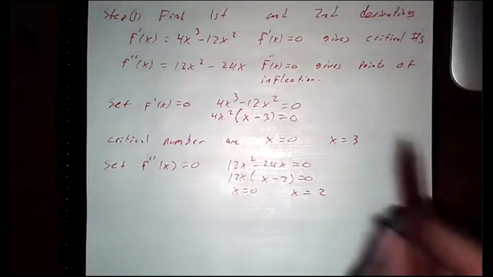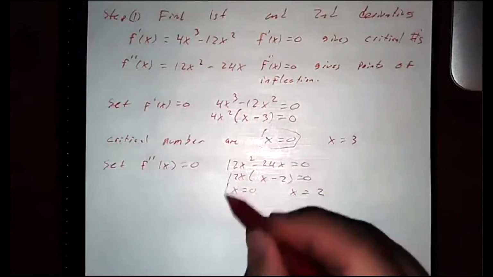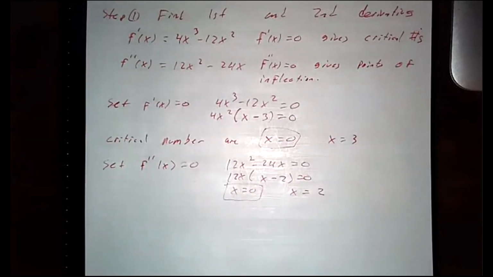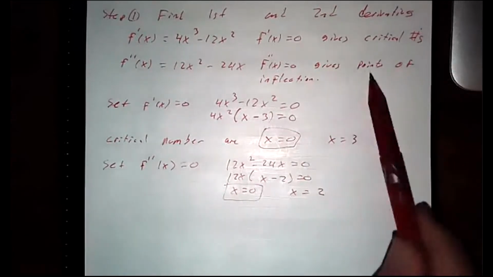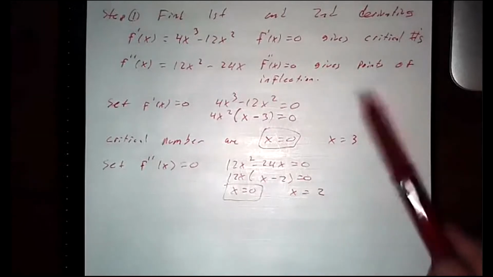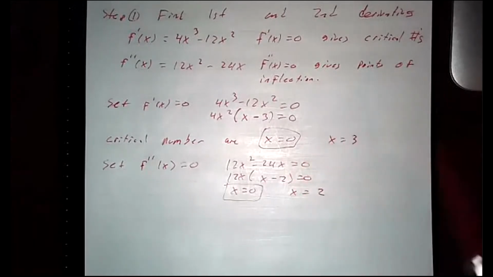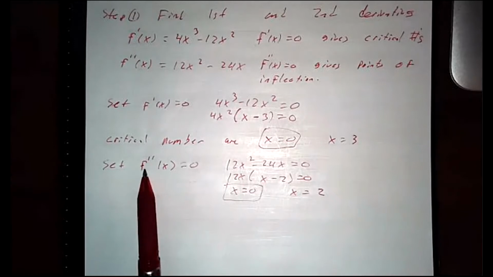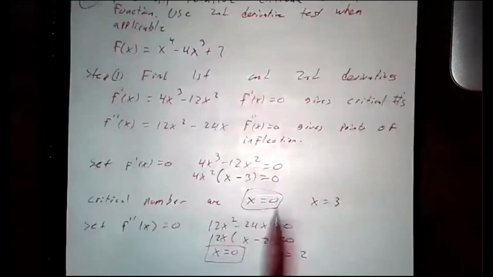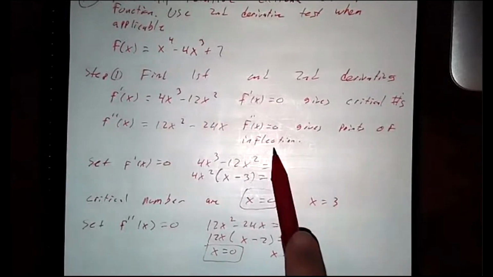So what does that tell us about this 0 here? What do we say happens when you have a second derivative equal to 0? It gives you inflection. At the second derivative, when you solve for x, this gives you points of inflection, meaning a change in concavity happens there.